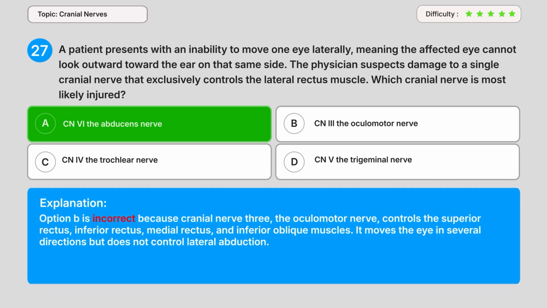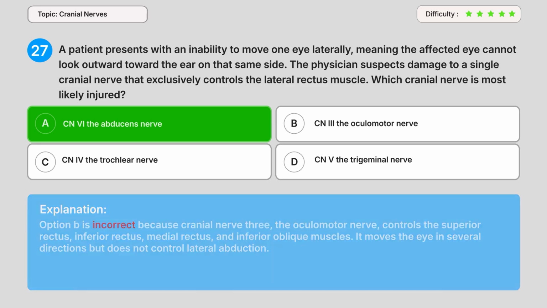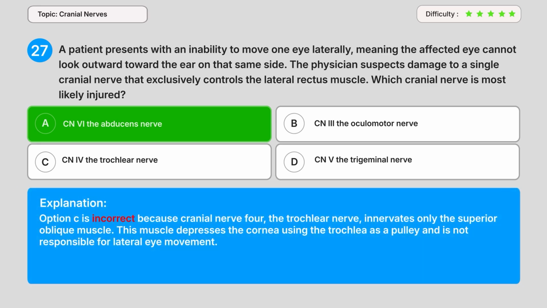Option B is incorrect because cranial nerve 3, the oculomotor nerve, controls the superior rectus, inferior rectus, medial rectus, and inferior oblique muscles. It moves the eye in several directions, but does not control lateral abduction. Option C is incorrect because cranial nerve 4, the trochlear nerve, innervates only the superior oblique muscle.